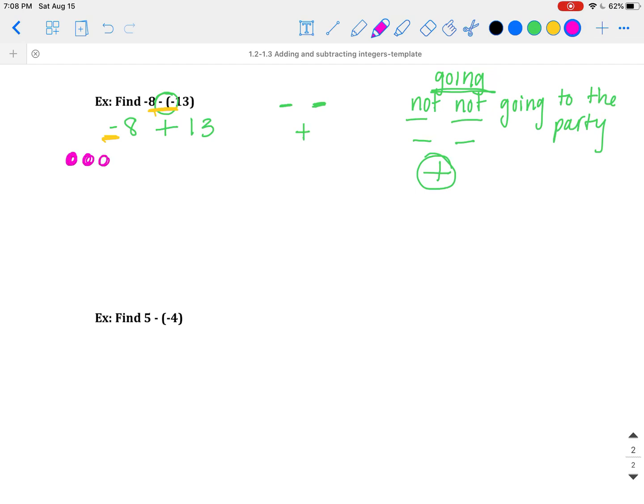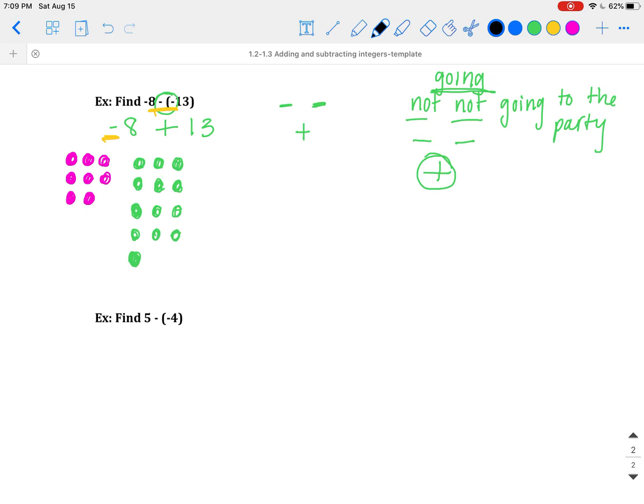Let's do our counters. 1, 2, 3, 4, 5, 6, 7, 8. And I'm going to draw a little bit faster now. And 13, holy moly. 1, 2, 3, 4, 5, 6, 7, 8, 9, 10, 11, 12, 13, the little lonesome one at the bottom.